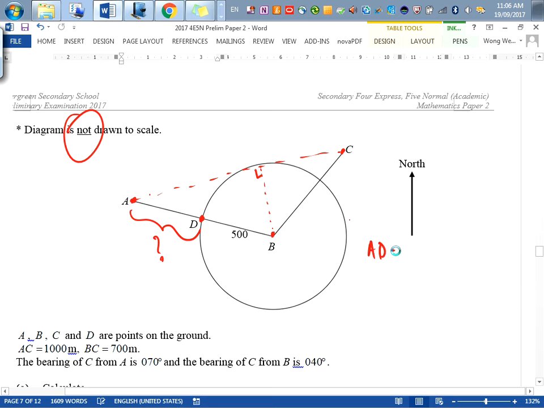Because AD is going to be AB minus 500. So the issue now is to find AB. And we can use our cosine rule because we know BC. BC over here is 700. What else do we know? 30. This is 30 degrees.